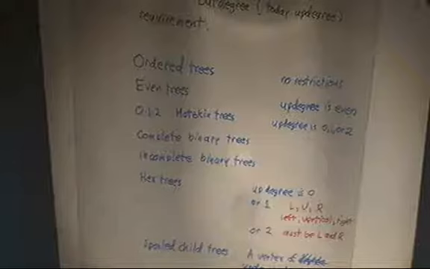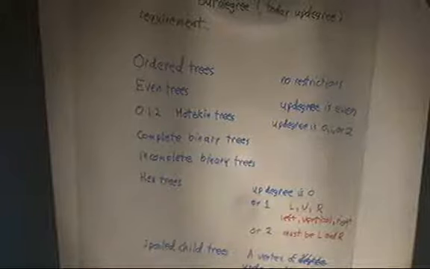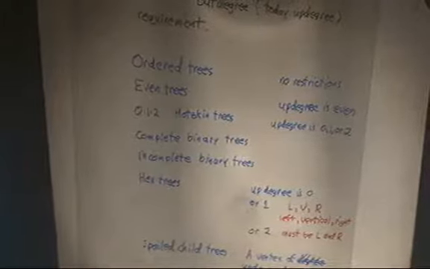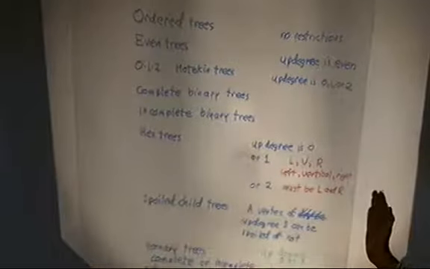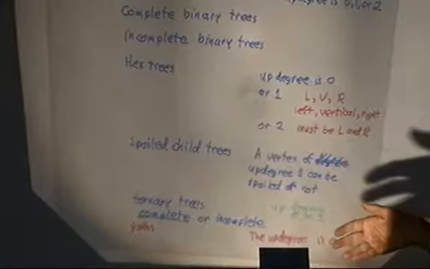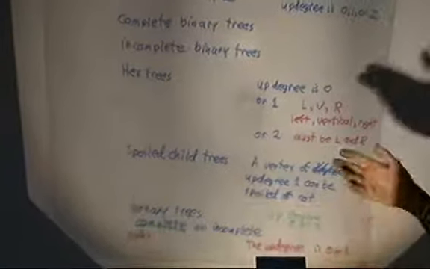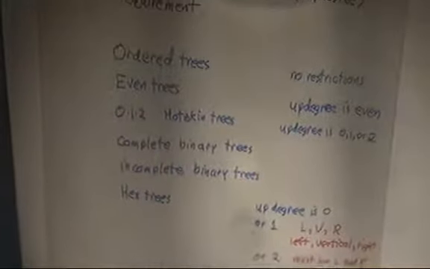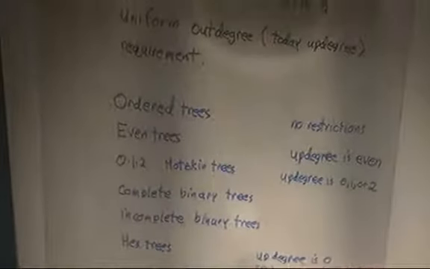Complete binary trees, well, then the up degree is either 0 or 2. Incomplete binary trees, well, 0, 1, or 2, but one can be left or right. But you have the same condition at every point. You're not saying we have a little exception here at the root, or that at height 3 something different happens. So it's uniform. But there's lots of examples.